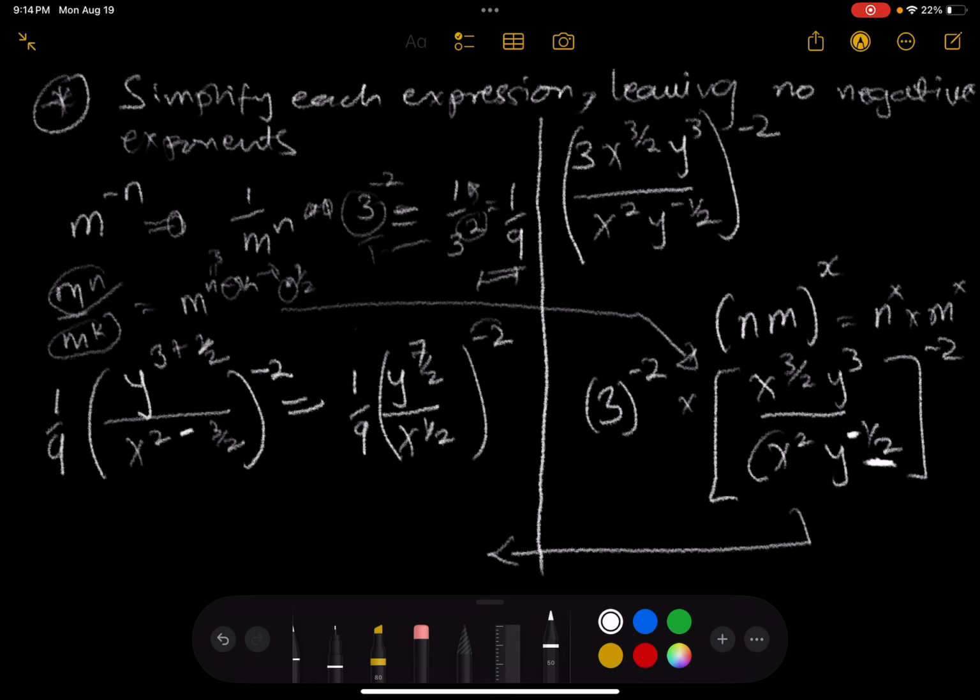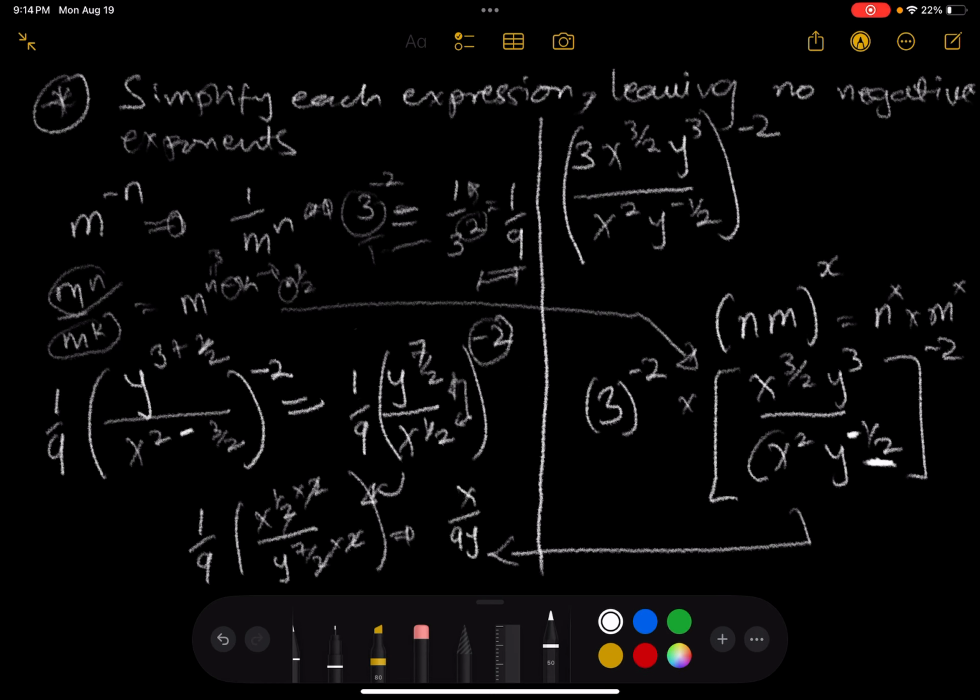So if I'm going to make this positive, I will have to switch between these two. So x will go on top, y will go down, such that now I have my final expression as 1 over 9 times x to the power half times 2. Now that 2 is going inside, over y to the 7 over 2 times 2, and that cancels out, the 2 cancels out, and your final expression will be x over 9y to the 7 as your final answer.